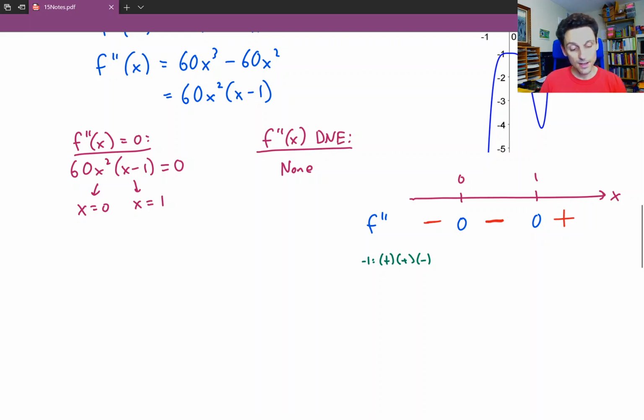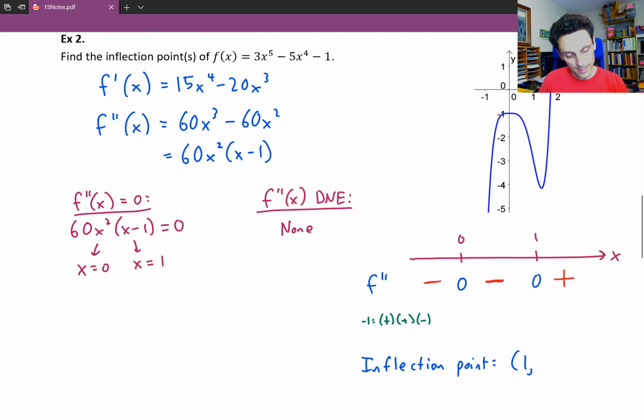Nothing changed. But 1 will be an inflection point because, number 1, it's a point on the graph. The function is defined at x equals 1. And there's a concavity change there from concave down to concave up. So the inflection point is going to be at 1, comma, and then to get the y value, we plug it back into the original function.